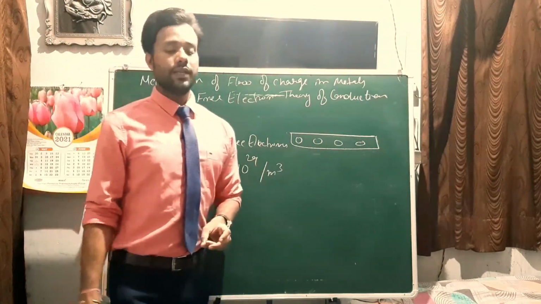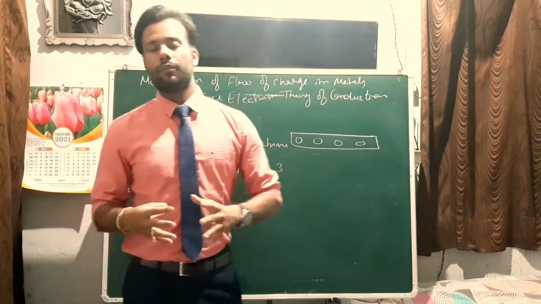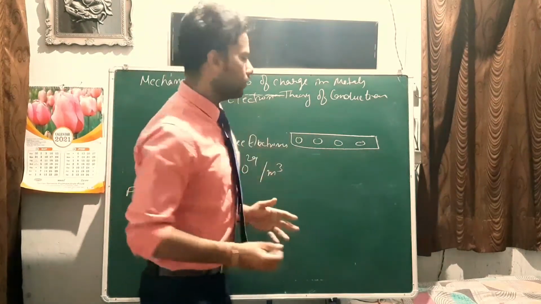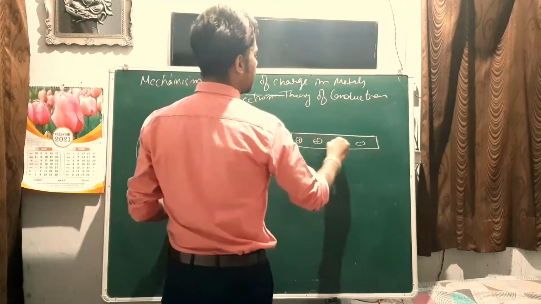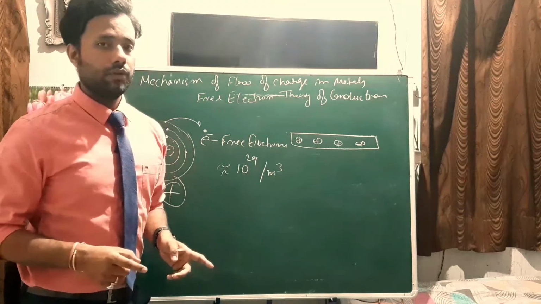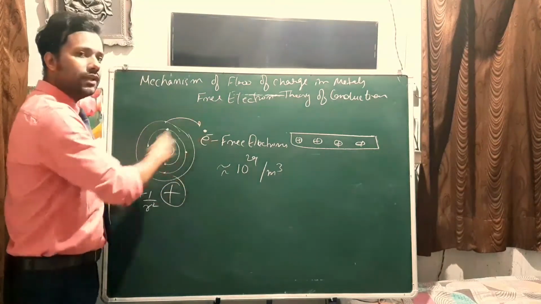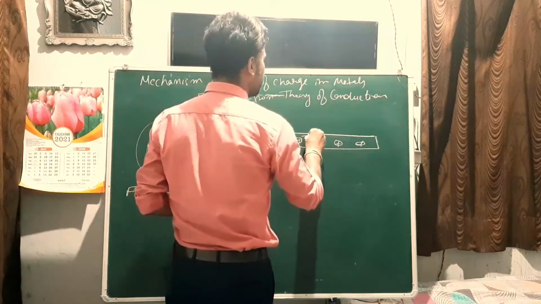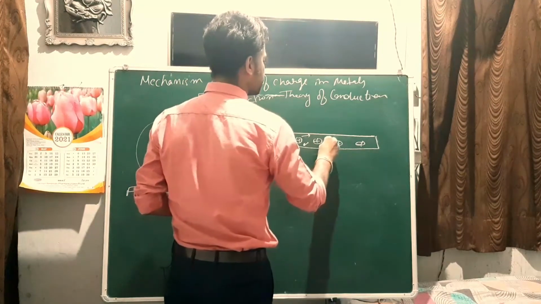Why? Because they are connected with the help of very strong interatomic forces. So they are not allowed to move. They are fixed at a point. But the electrons which detach from these atoms are free to move. So they move in random directions like this.